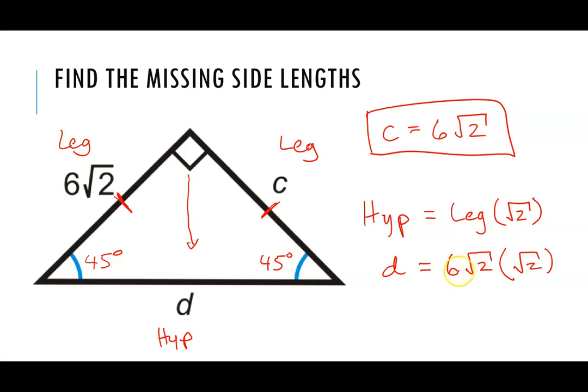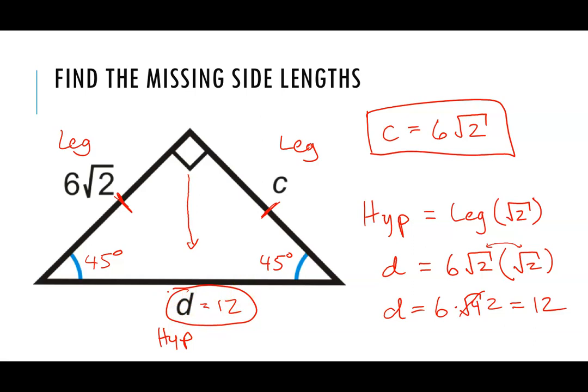So 6 times square root of 2 times square root of 2, we can multiply the square root of 2's together, and that gives us 6 times the square root of 4. The square root of 4 is really just 2, so D would be 6 times 2. So D in this case will be 12.